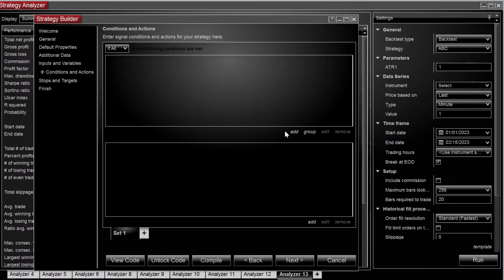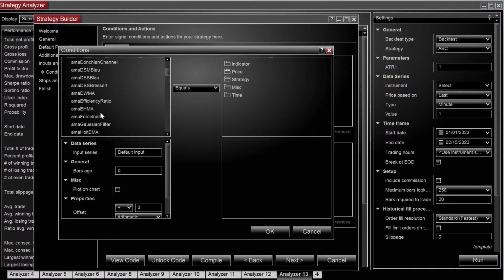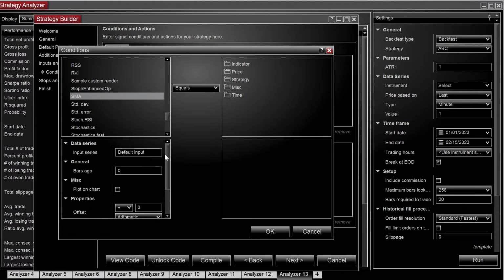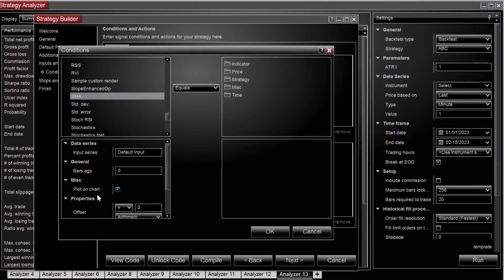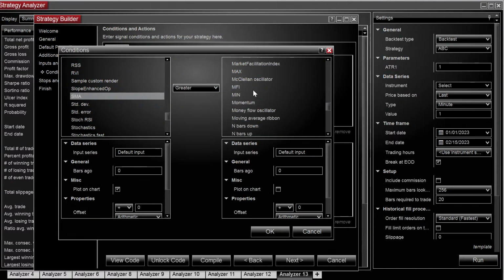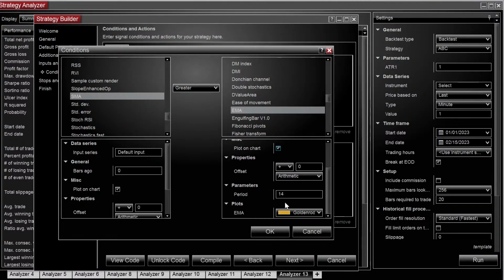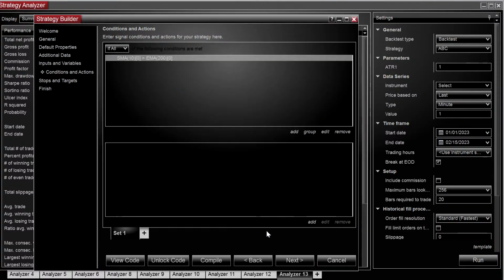So the first thing we need is the 10 period SMA, plot it on the chart, is greater than the 200 period EMA. So 10 SMA is greater than the 200 period EMA.